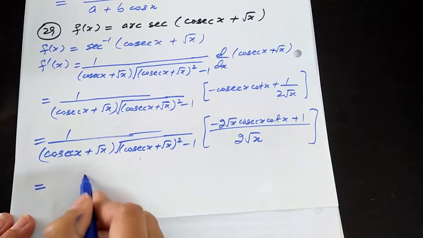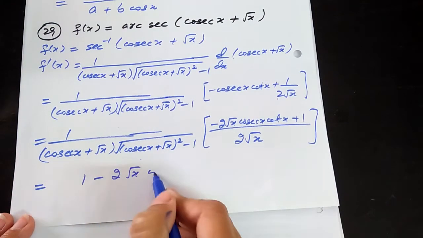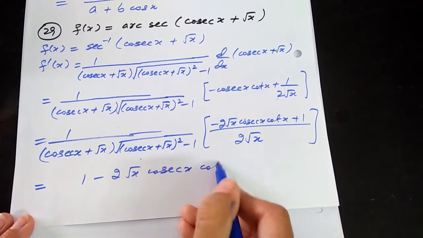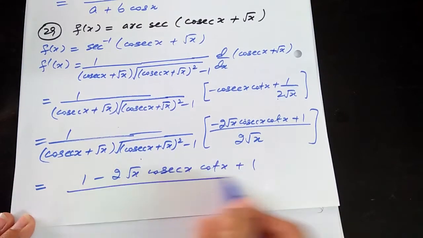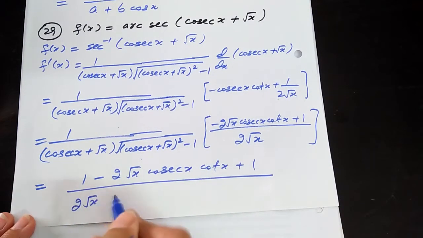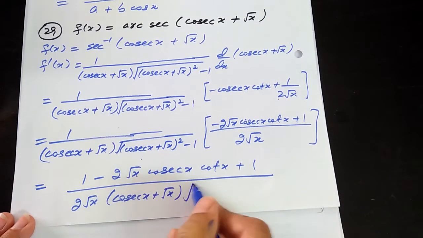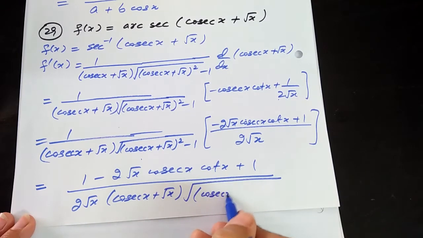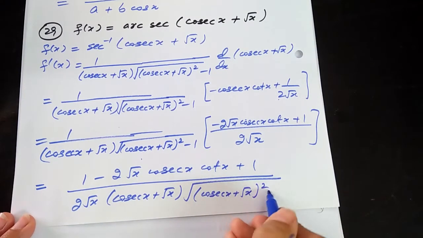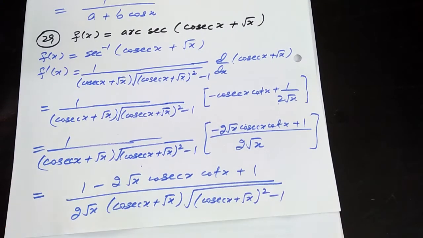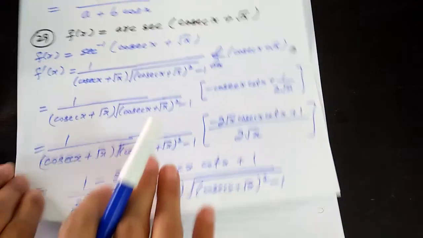So we will be left with 1 minus 2 under root x cosecant of x cot of x plus 1 divided by 2 under root x times cosecant of x plus under root x and under root cosecant of x plus under root x whole square minus 1. So this is the answer for question number 29. Let's move on to question number 48. That is also the important one.